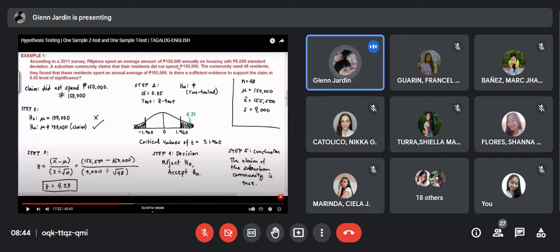So therefore, our conclusion is, the claim of the suburban community is true. Sinabi nila na their residents did not spend 150,000. So that is true. Their claim is true based on the computation ng C-test natin. Yan ang pagkakaiba.